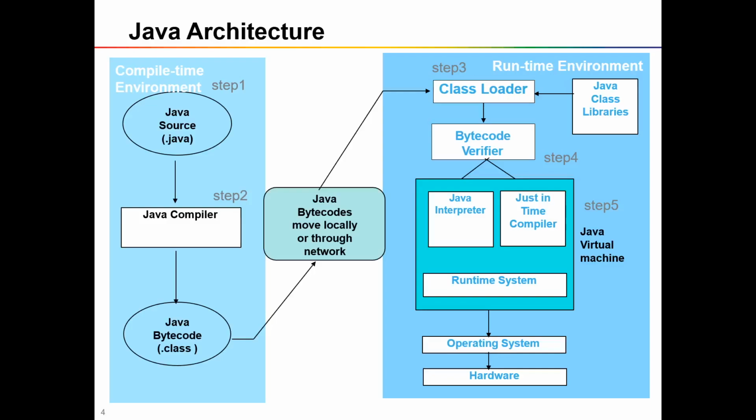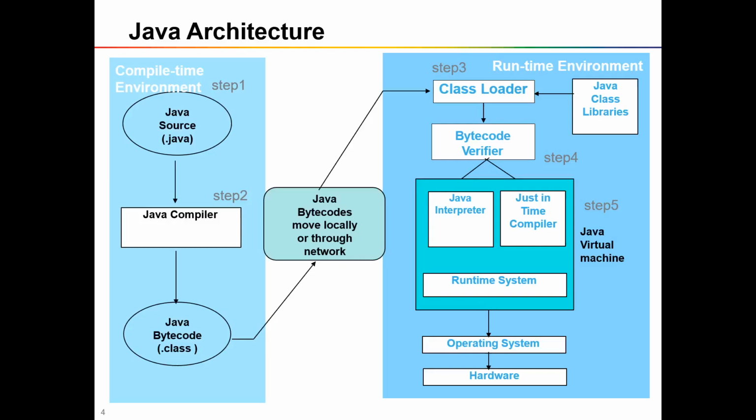In Java architecture, if you want to develop a Java program, we can go with a simple text editor, probably a notepad. So we can create a Java file and save it with the extension .java.